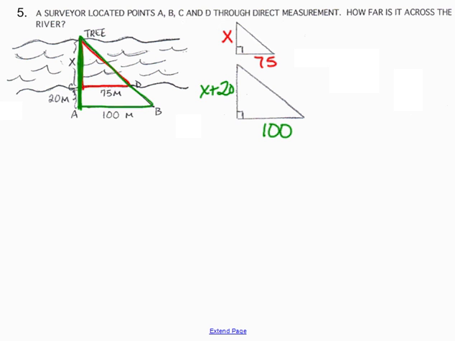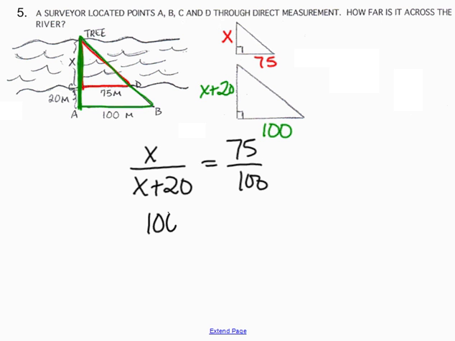So it's going to be algebra. Okay, so let's set those two sides equal. Let's set the x's, and then 75, 100. Okay, so I end up with 100x equals 75 times x plus 20.